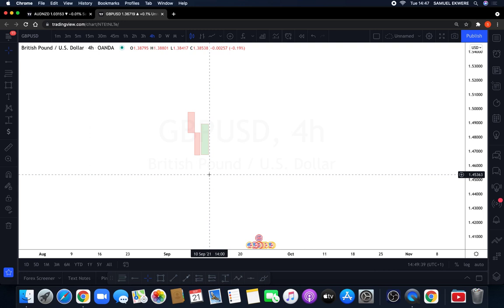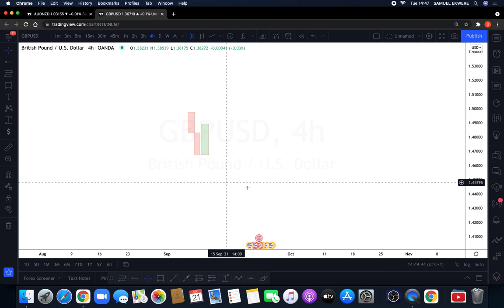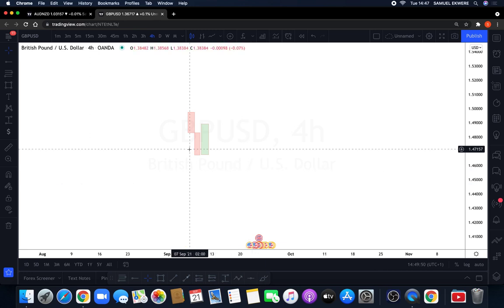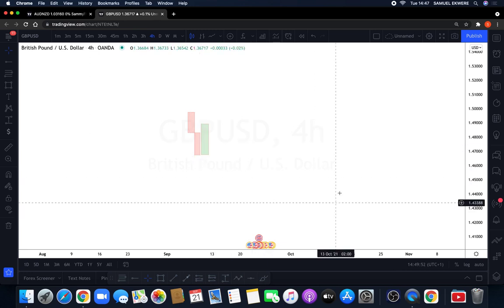A bullish engulfing candlestick is just this: first a small bearish candlestick and then a big bullish candlestick fully covering the bearish candlestick, right? So that's a bullish engulfing candlestick.